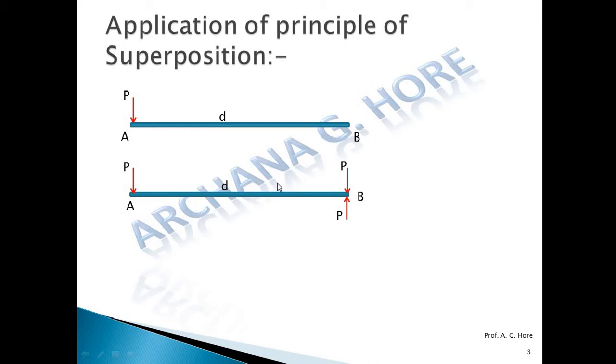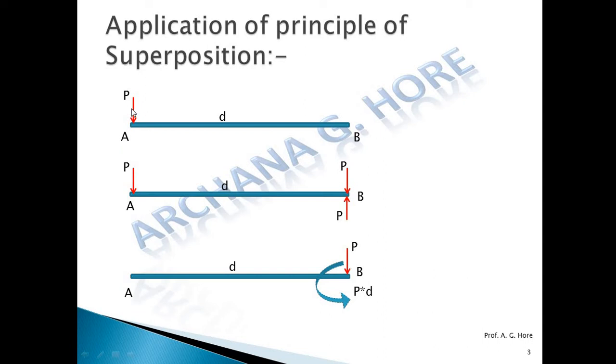So in the second diagram, the effect is only one force at point B, and this is nothing but a couple. And what is the moment of this couple? The couple's moment is the magnitude of one of the forces and the perpendicular distance D. So at point B, one force like this and one couple which has the magnitude P into D. Now here we transfer the force from point A to B.